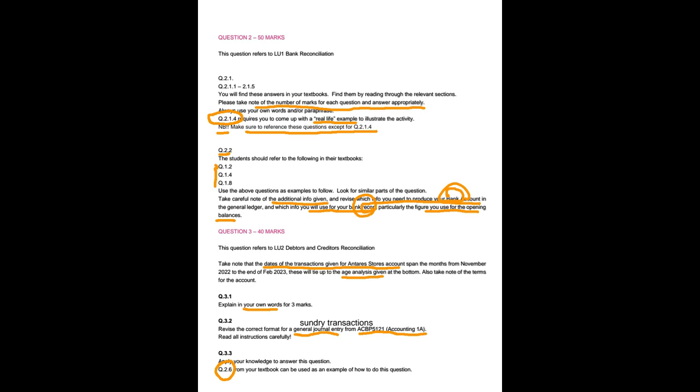Here we are reconciling our general ledger record for everything that went into the debtors control account with the debtors ledger, which is a separate record that we record sorted by customer, and the total of all of those customers' statements must exactly equal the debtors control.